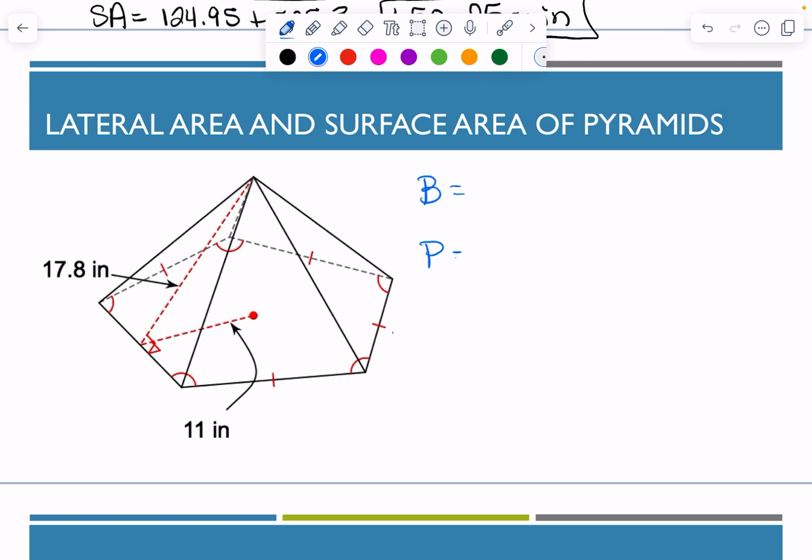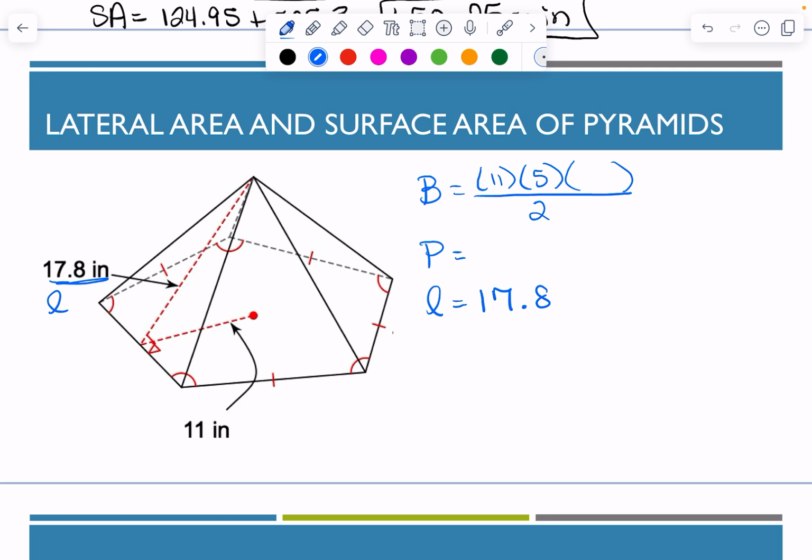I need my perimeter, and I need my slant height. Well, I know the slant height is 17.8. It's right here. That's my slant height because it's on the outside of the lateral face. I also know the apothem is 11. I know I have 5 sides to the base, but I do not know what the measurement of a side is.